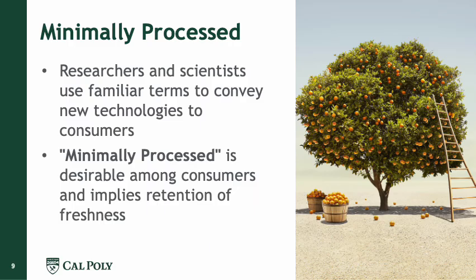People want things that are natural, not a lot of processing. So this term is used to convey new technologies for the consumers, and minimally processed implies retention of freshness. Let's take an example of a ready-to-eat salad.